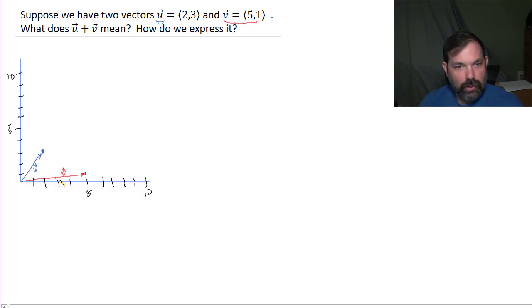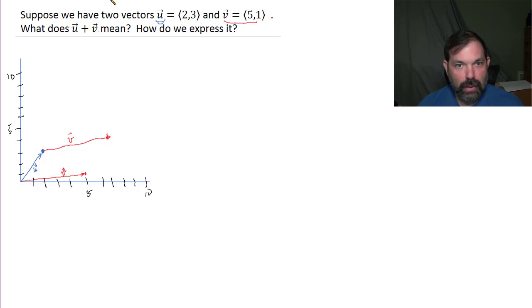So I'm going to translate this v vector so that its initial point is at the terminal point of u. So let's move it here. There's the v vector again. I've translated the v vector.